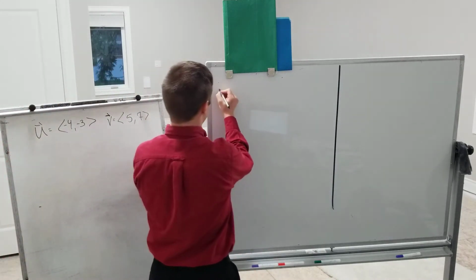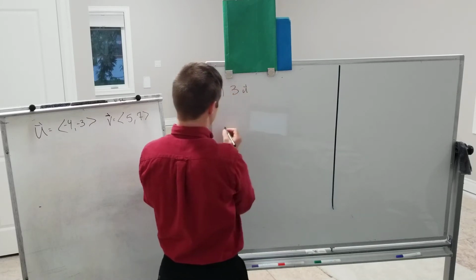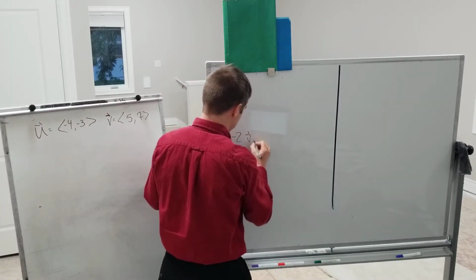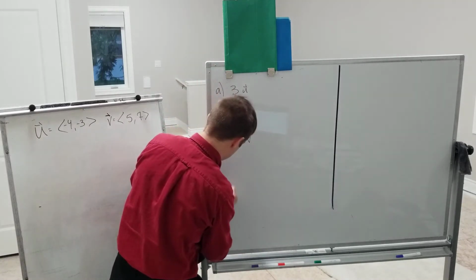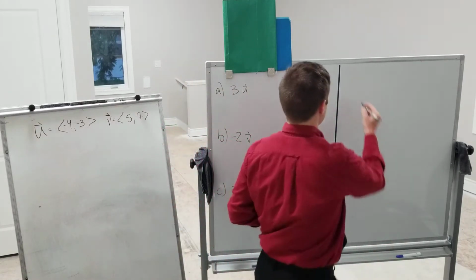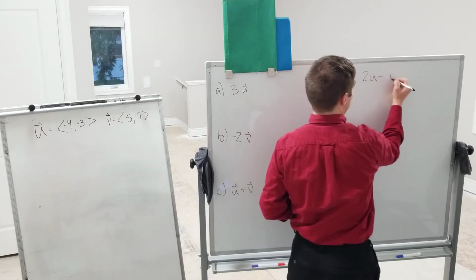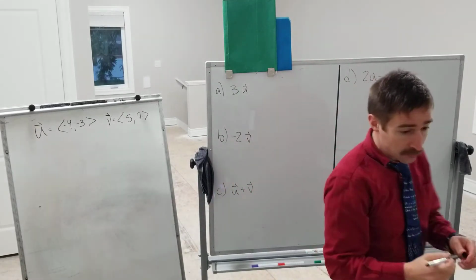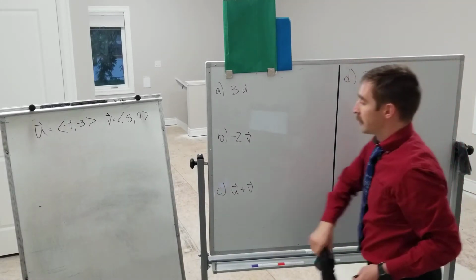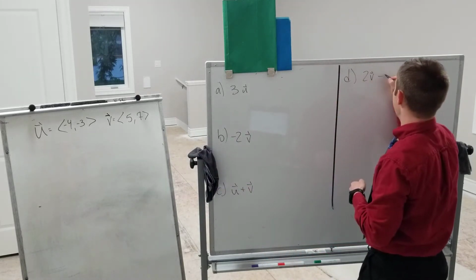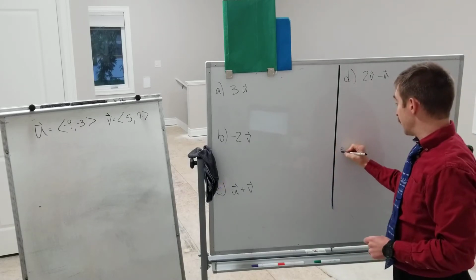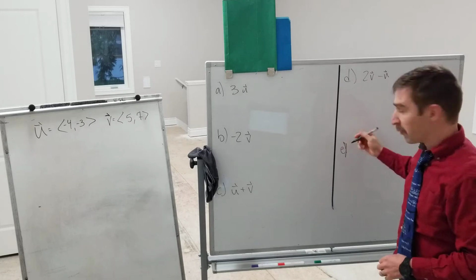And we're going to find 3 vector u, we're going to find -2 vector v, we're going to find vector u plus vector v, 2u minus v, oh no, 2v minus u, sorry. Switch it up on you here. 2v minus u. And let's throw in magnitude of v at the end here. We'll have some more, but this will be enough for this space here.